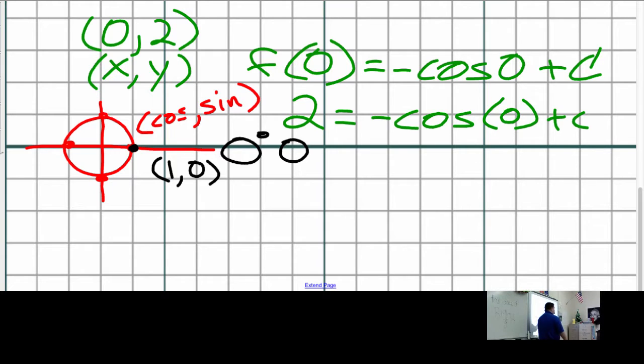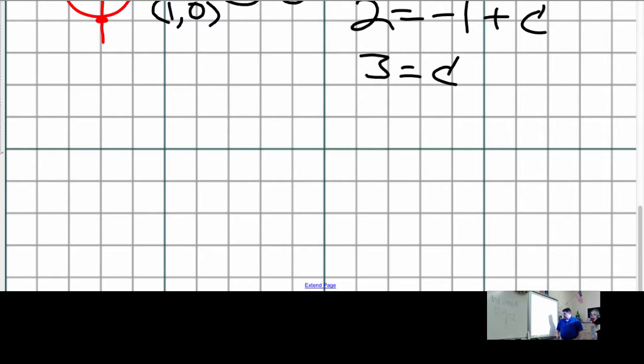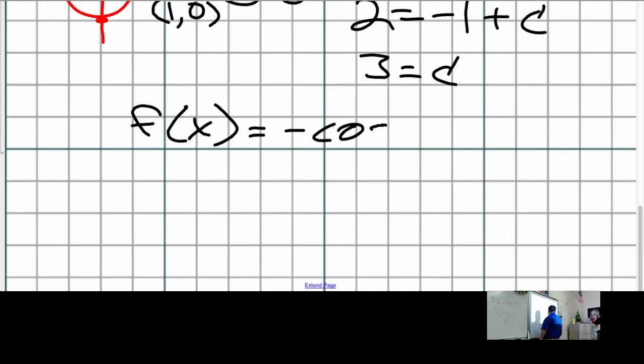So what's cosine at 0? 1. So this becomes 2 equals negative 1 plus c. Add 1 to both sides, and I get c is equal to 3. I think. Let me double check my book. Yep. So my original function then should be f of x is equal to negative cosine of x plus 3.